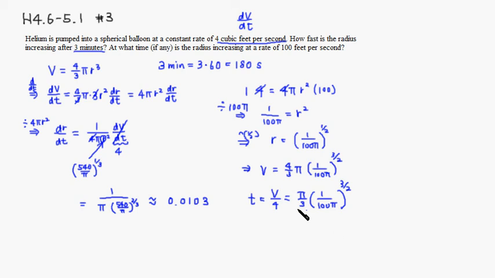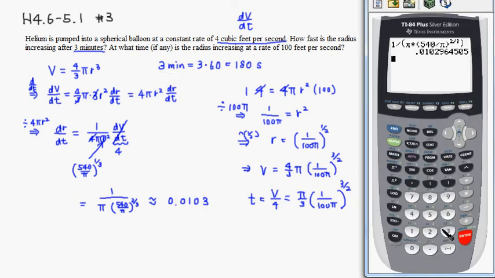Again, it looks kind of bad, but we just have to compute that. So bring out the calculator. This is going to be pi divided by 3, divided by 100 pi, raised to the 3/2 power.